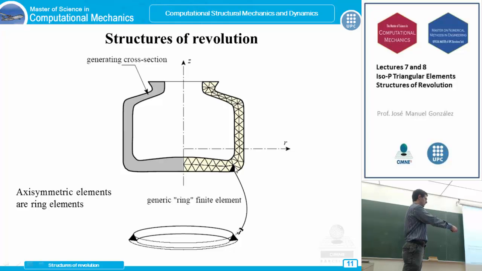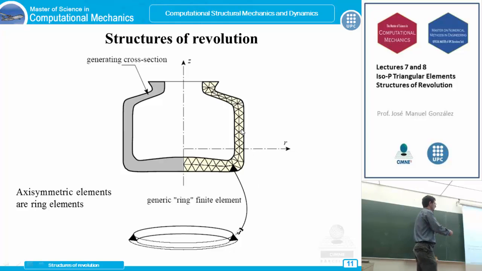So this triangle is representing all these ring elements of volume, although we are treating the finite element considering the area and these 3 or 6 interpolating nodes of the triangle, but we don't have to forget that in fact we are calculating this volume.